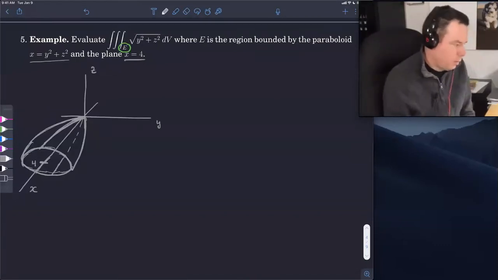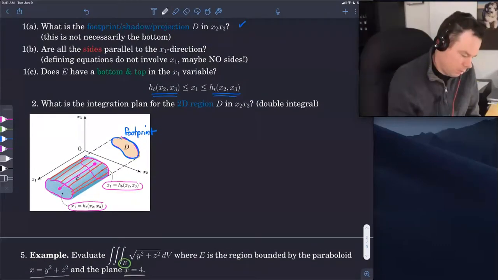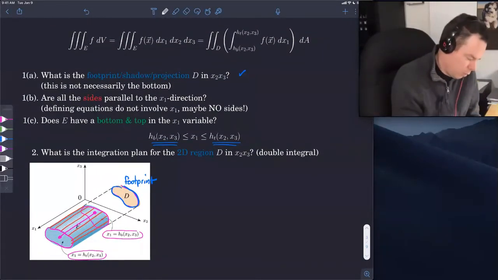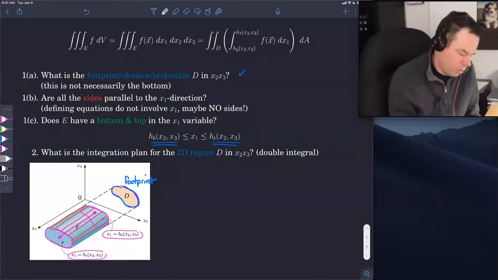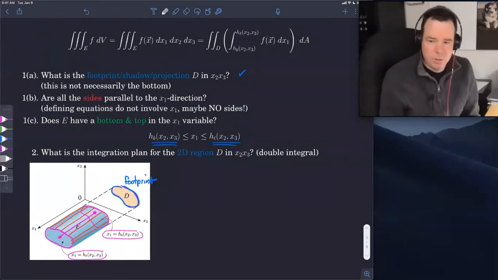Okay, so then we've got to go back to those questions, and we've got to think. First question, what is the footprint, shadow, or projection of our region in the coordinate plane if we're going to integrate with respect to x first?